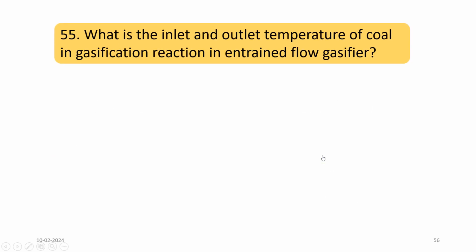Next is, what is the inlet and outlet temperature maintained in the entrained flow gasifier? What is the inlet and outlet temperature of coal in gasification reaction maintained in entrained flow gasifier?